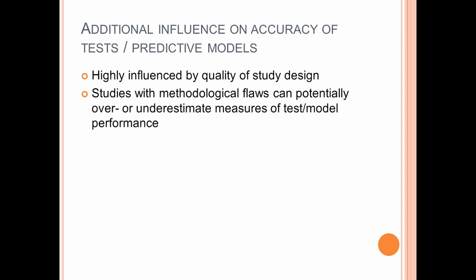If data are collected in not a great way, or studies are conducted with methodological flaws, these flaws can potentially under- or overestimate these measures of test and model performance. So this is just one more area of complication to throw into your ability to draw conclusions about test performance.